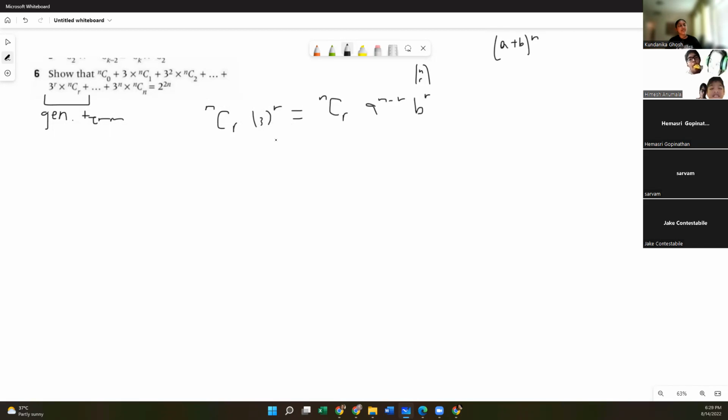So b in this case is 3 because 3 is simply raised to the power of r, which means that because there's nothing else in your general term, whatever a is has to be equal to 1. What else is equal to 1 other than 1 to the power of anything, or something to the power of 0? It's not going to be to the power of 0, because the general term would show you if you had anything else. So a in this case is just 1, and b in this case is 3.